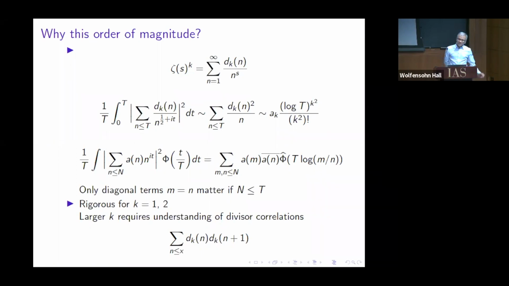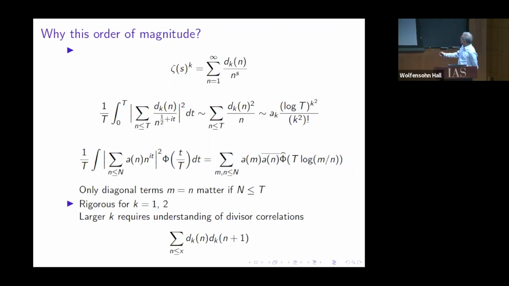So in other words, this is an example of a large sieve inequality. We'll hear more about large sieve inequalities in general in Matt's talk in an hour. So what it means is that if n is reasonably small, you can approximate this L2 norm by just the diagonal terms, so the sum of the squares of the divisor function over n. It's a simple matter to find asymptotics for that.